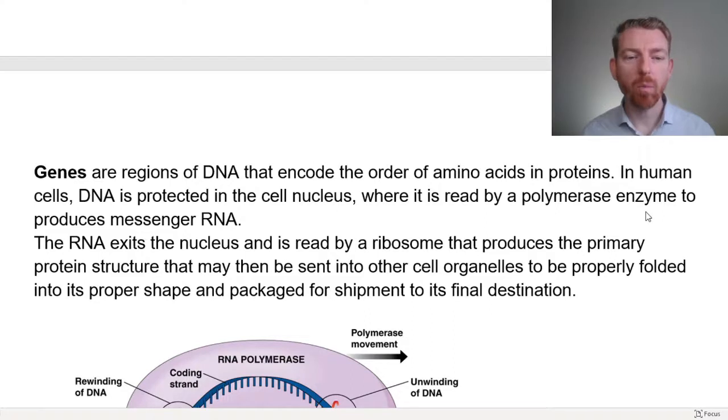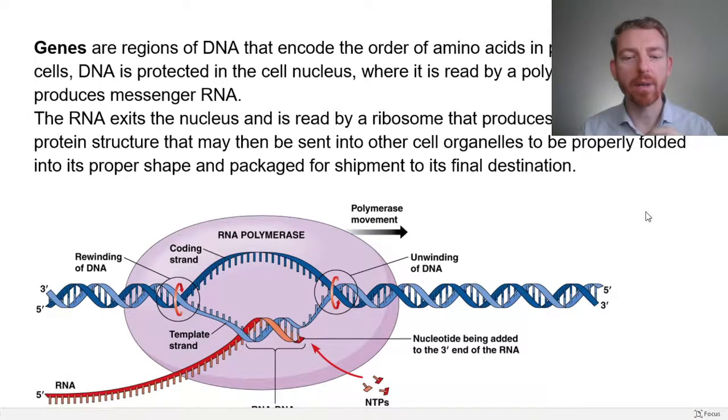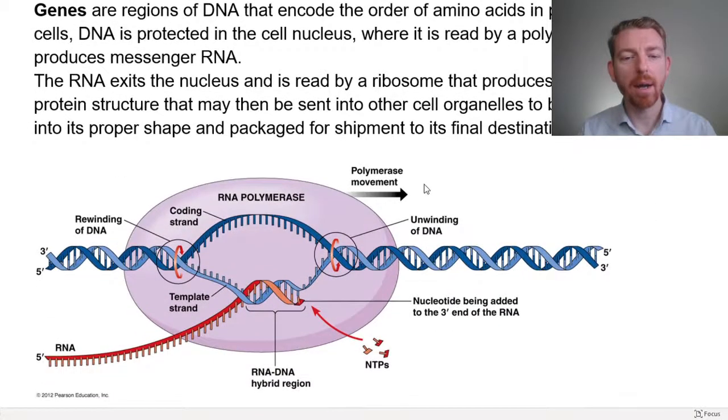So if there's a call for a new protein to be made, that section of the DNA strand, that gene, is going to be opened up by polymerase that will decouple those 2 strands of the DNA and read off of one of the strands to produce an RNA that can be transferred away from the DNA, so out of the nucleus where we store the DNA, and into the rest of the cell where that RNA will be read in order to make the protein.